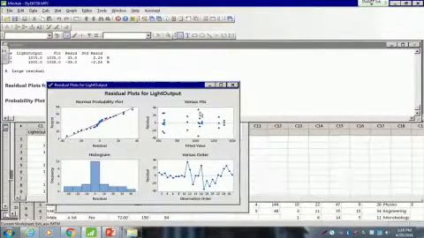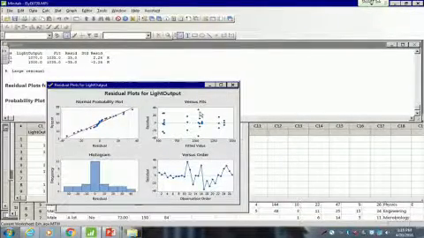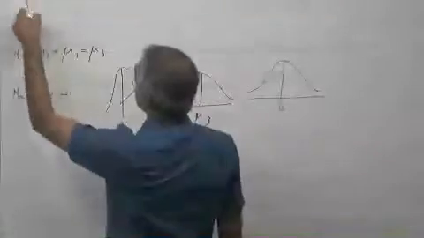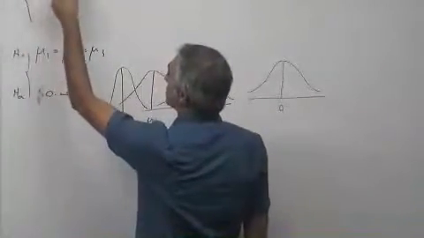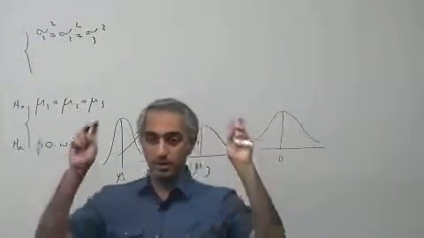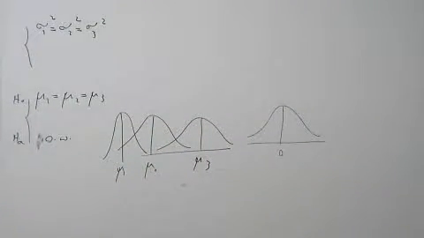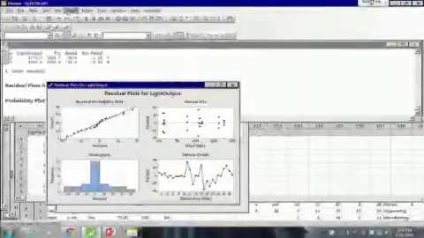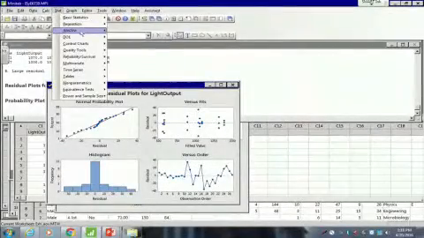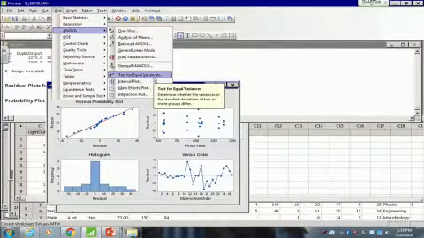But what if I want to perform a hypothesis test to see if variances are constant or not? So I can do this hypothesis testing. It's sort of like ANOVA hypothesis testing, but for variances. Okay? So Stat, ANOVA, Test for Equal Variances.